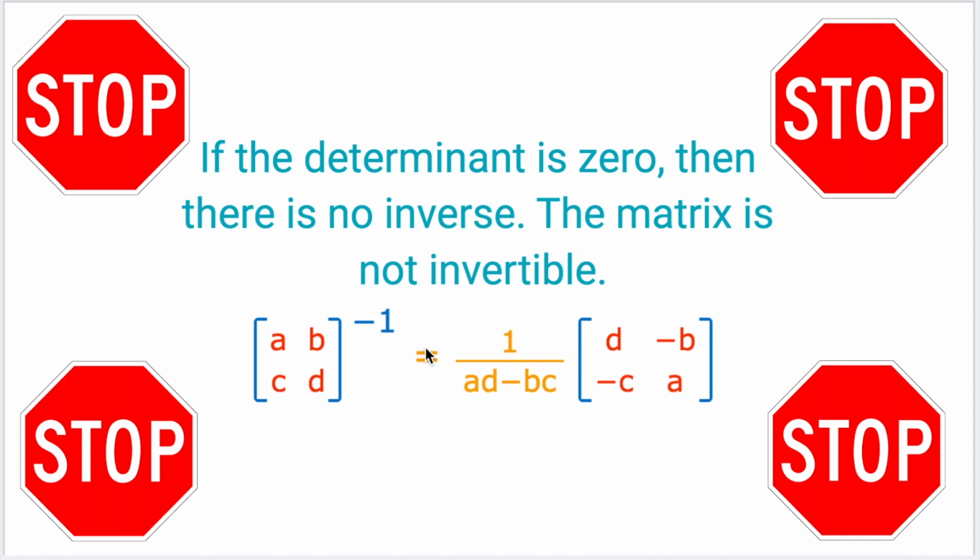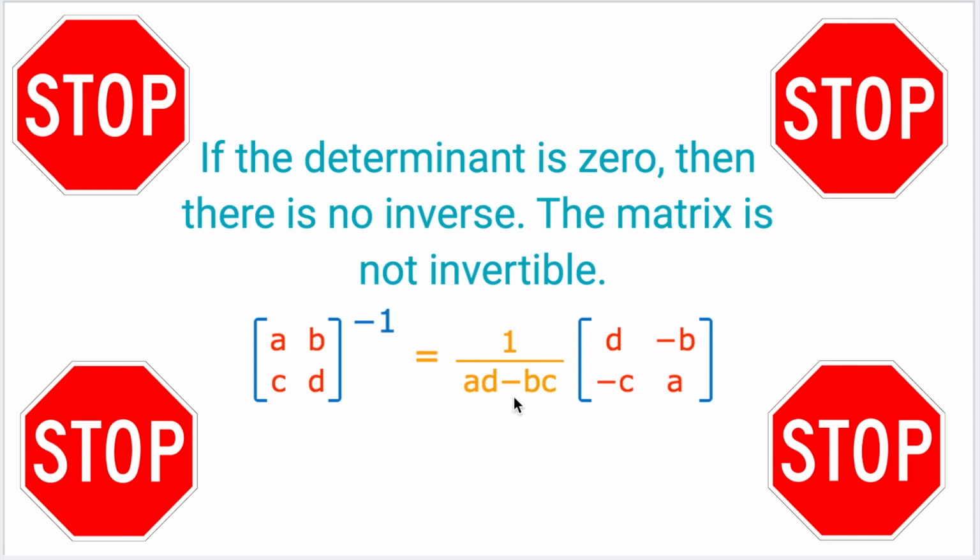So let's take a look at the process here and understand why we cannot find the inverse when the determinant is 0. It comes down to this part here of the formula. So when you're finding the inverse of this given matrix, the coefficient of the matrix involves dividing by the determinant. So AD minus BC, this is how you calculate the determinant.